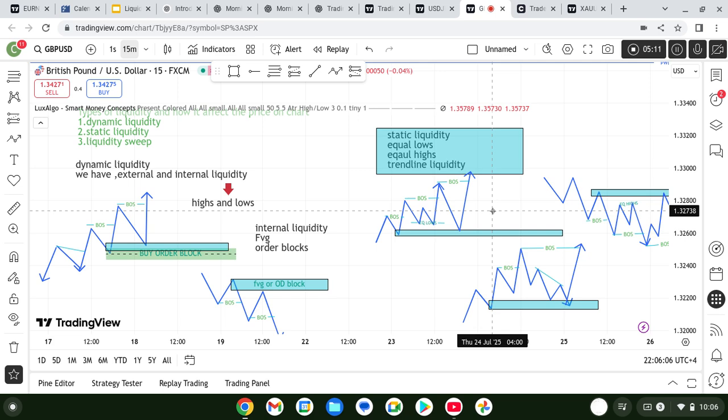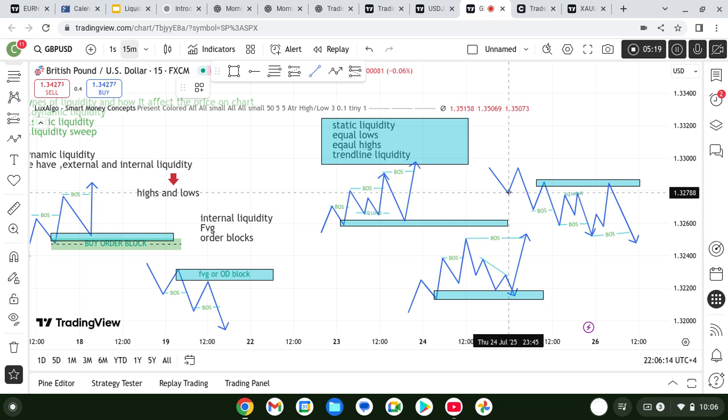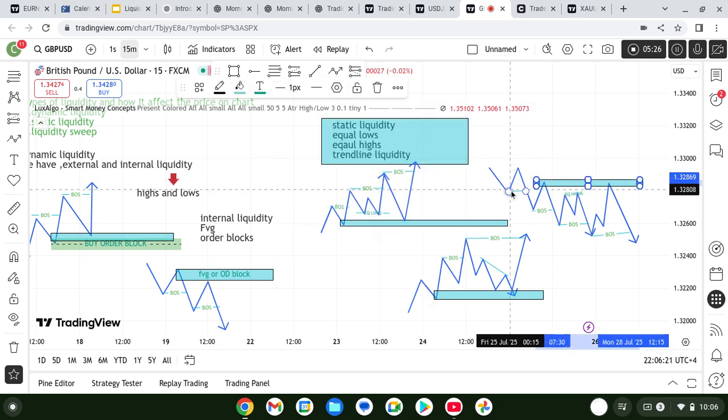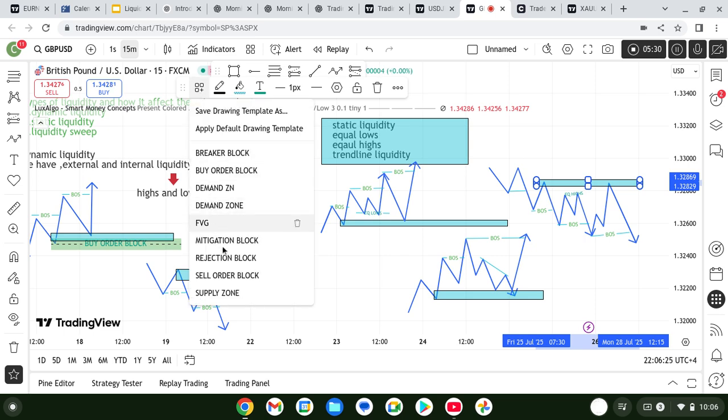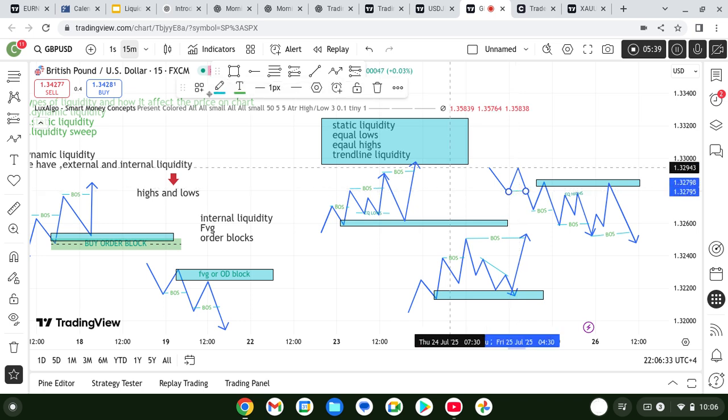The same applies in a downtrend movement, where the market has been making breaks of structure, breaking lower lows to confirm a downtrend movement.